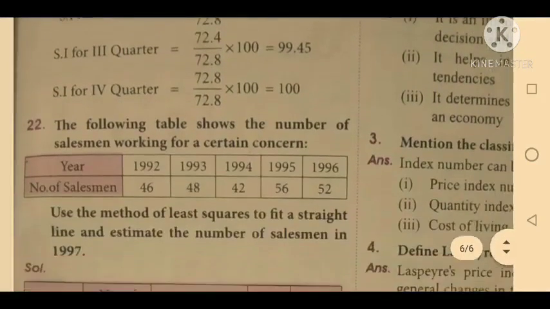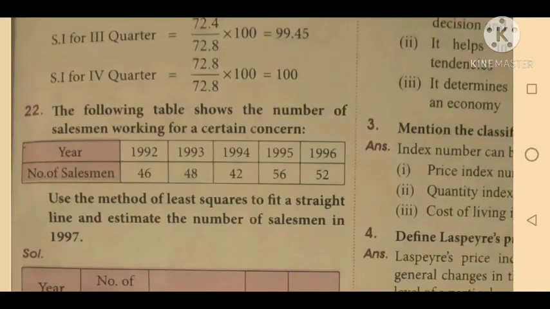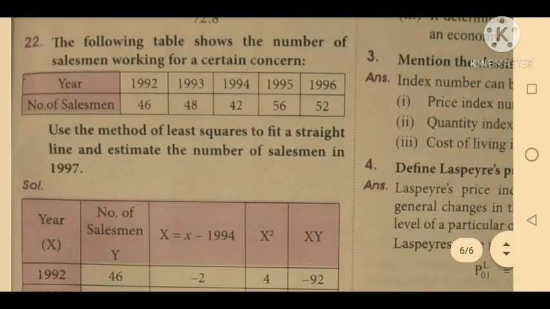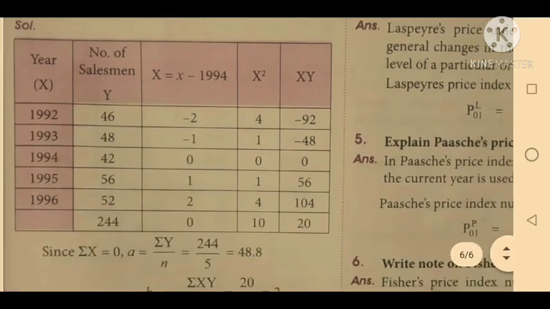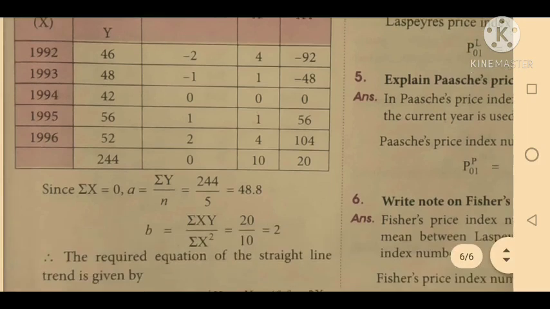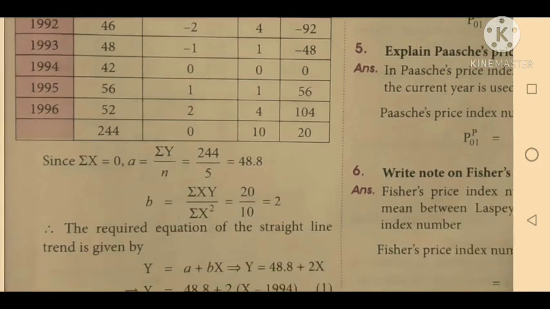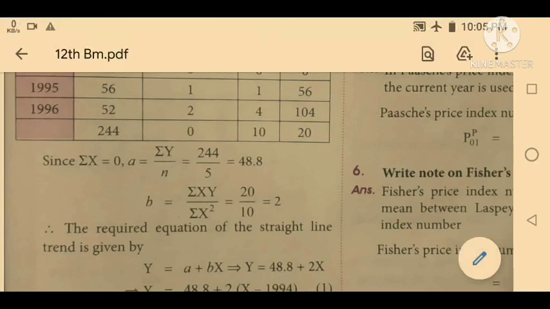Okay. Then next one is the table shows the number of salesmen working for a certain concern, and use the method of least squares, fit a straight line and estimate the number of salesmen in 1997. So here also we are finding capital X and X square as well as XY, because here summation of X equal to 0 and A equal to sigma Y by N, and value of A equal to here 244 divided by 5, it is 48.8, and value of B equal to sigma XY by sigma X square, it is 20 by 10, it is 2.